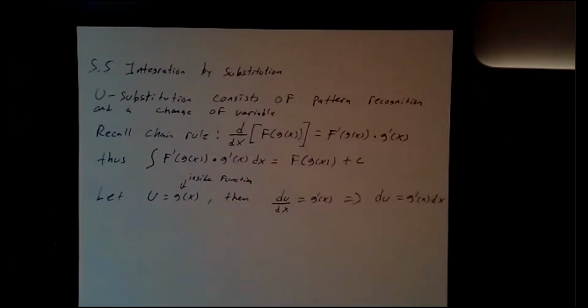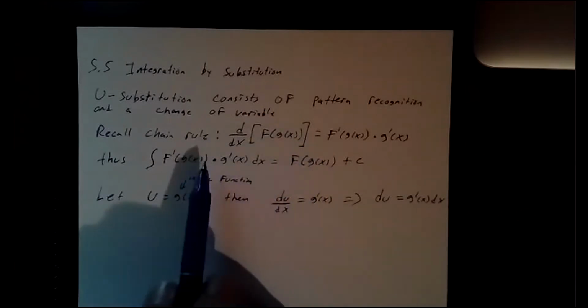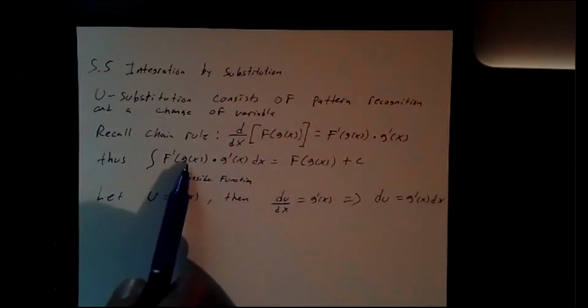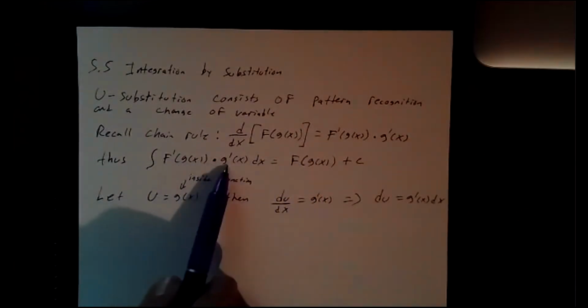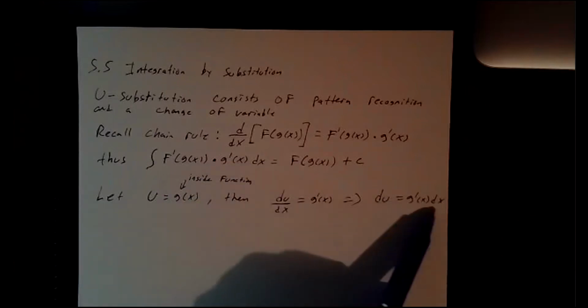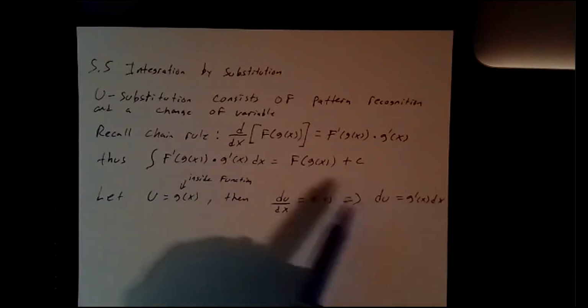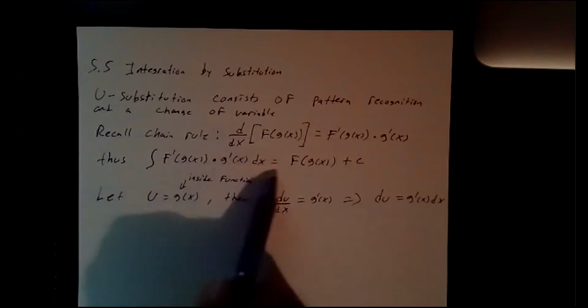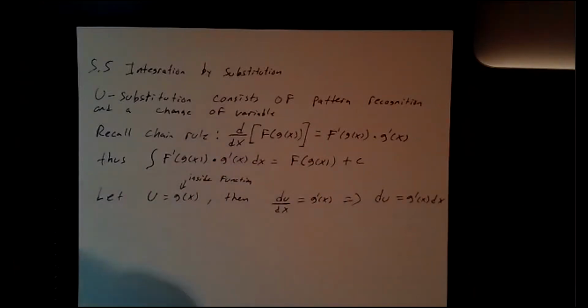So if you were to sub all this, right? This is what I want you to recognize. This u is the part that's in here. g prime dx is equal to du. So I can replace all this with du. So let's show that work.